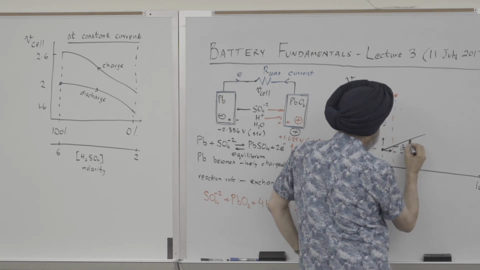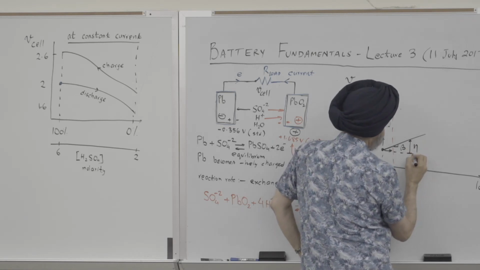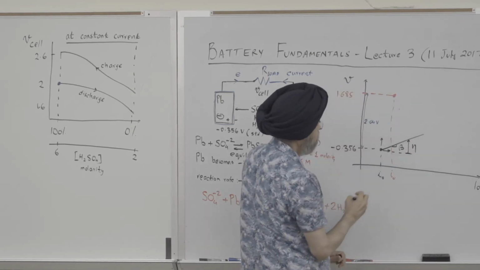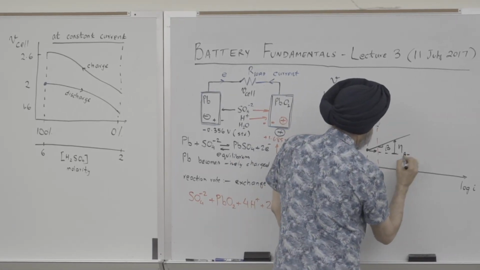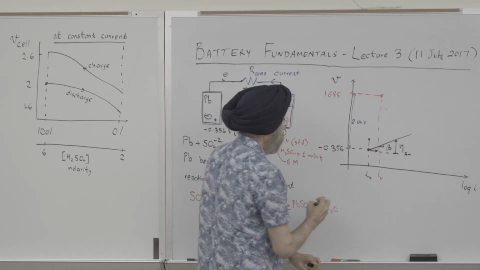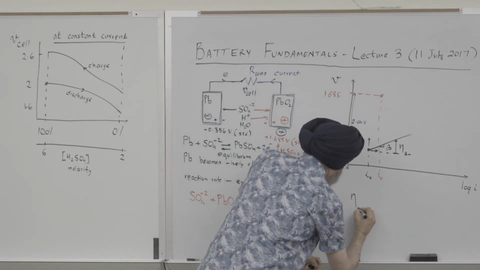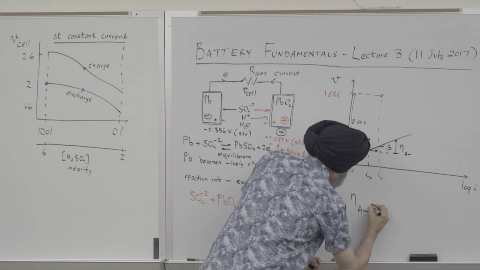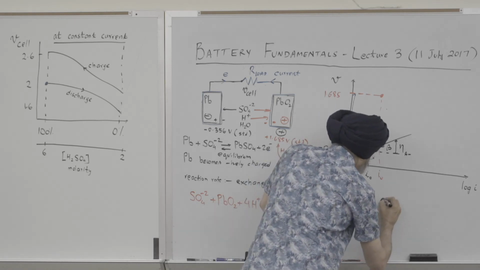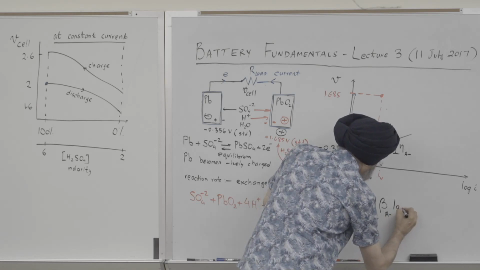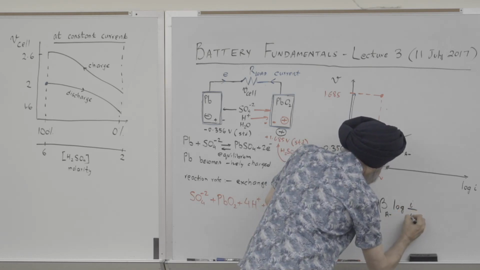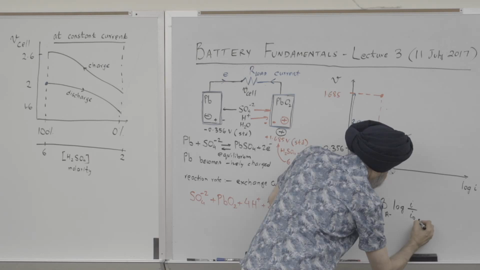So we moved from equilibrium. We call this eta, and this is anodic, and it's negative. So let me call that. This eta anodic, which is negative, will be equal to beta anodic log I over I naught anodic.